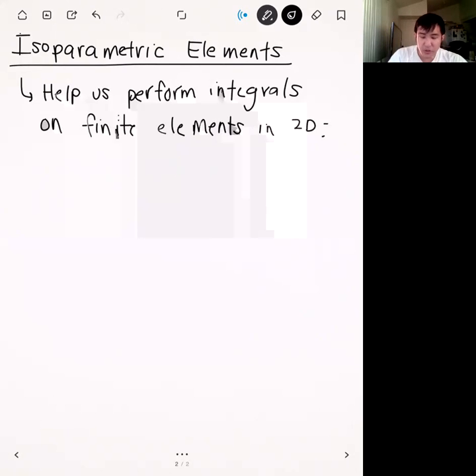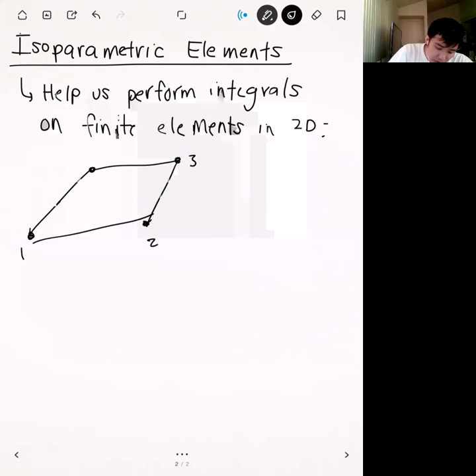Because oftentimes, when we're performing finite element analysis on an arbitrary 2D mesh, we're faced with elements that have a very arbitrary orientation. Okay? So we're going to have something like this, where this is node 1, 2, 3, 4.